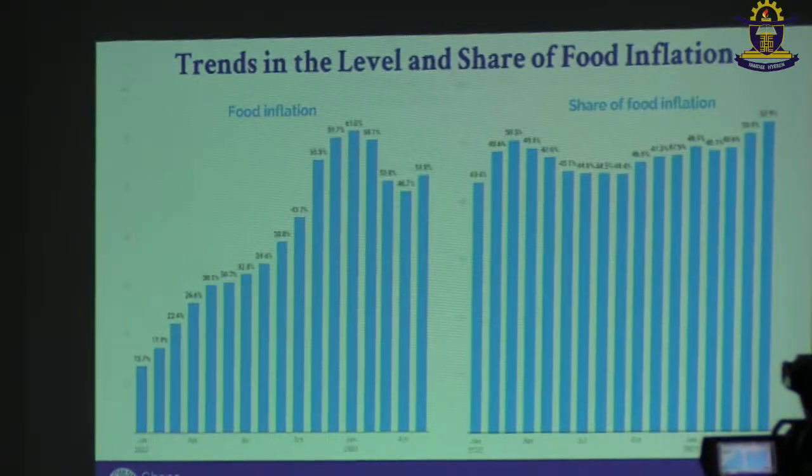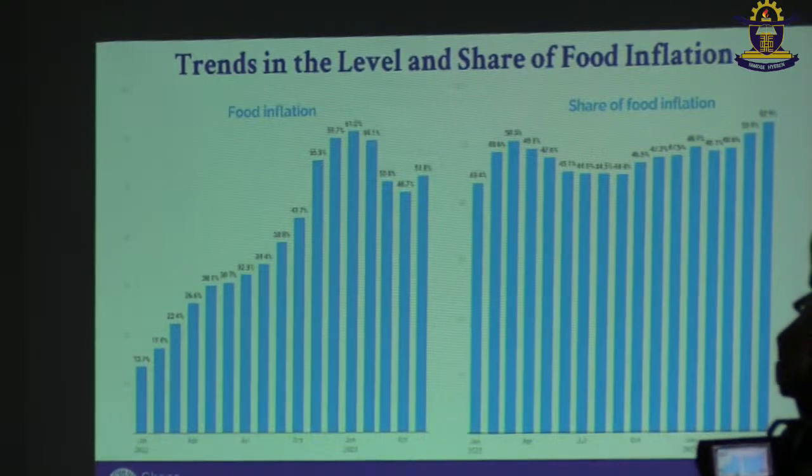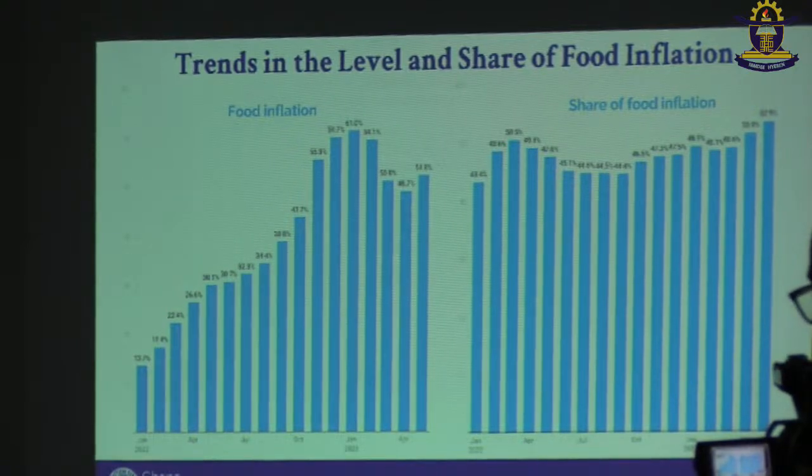We turn to the food inflation, given its dominance in terms of its contribution to the overall inflation. It will be recalled that the weight of food inflation is 43.7% to the overall rate of inflation. So we look at the trends in the levels of rate of inflation and the share of food inflation to the overall inflation.